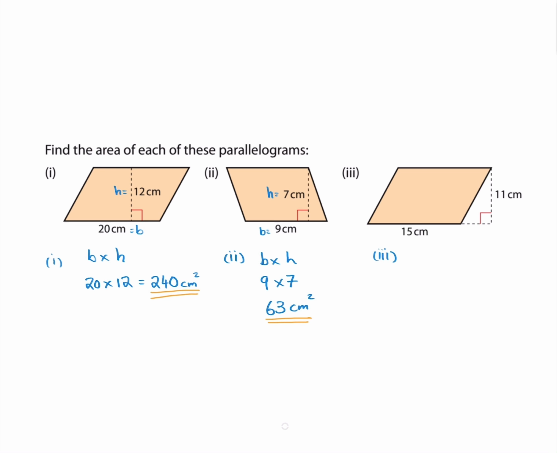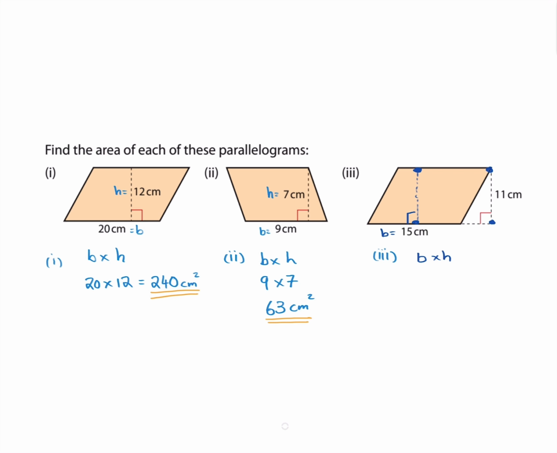Number 3, what I do is I'll multiply the base by the height. Now, what's the base? The base here is 15, and the height here is 11. They've tried to confuse you by showing you the height from here to here. But isn't that just the same as the height from here to here? Like if I drew a line here like this, that line is as long as this line. And they're just trying to confuse you by putting it outside.